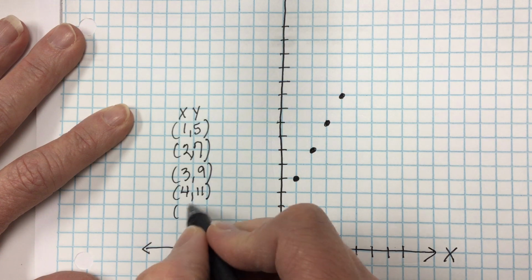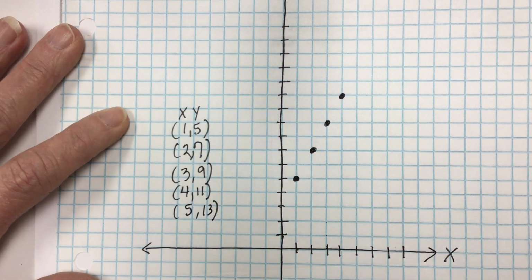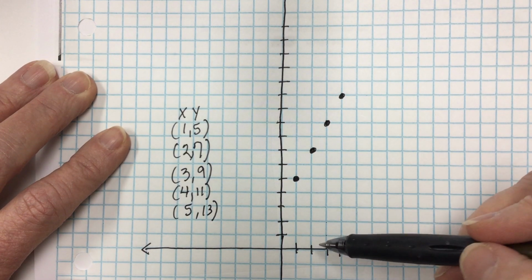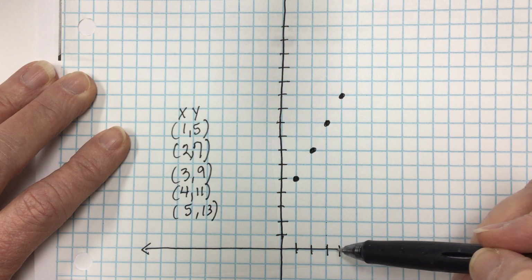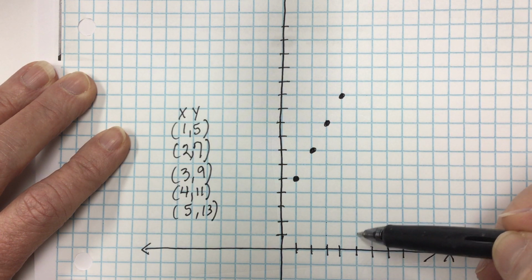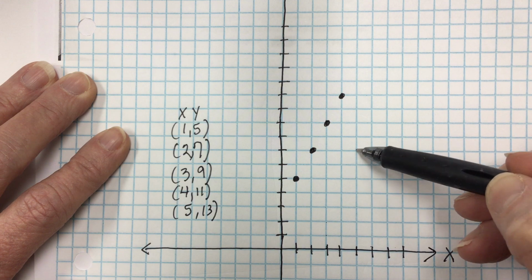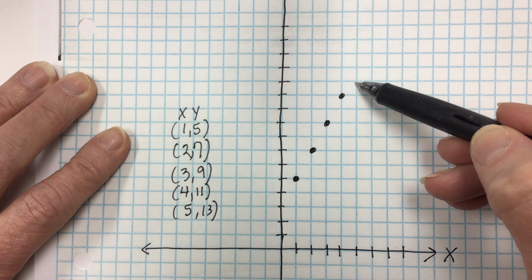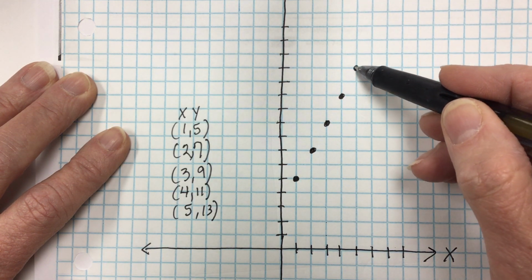And then our last point is 5, 13. To the right 5, and up 13.